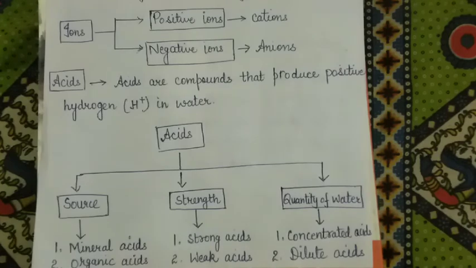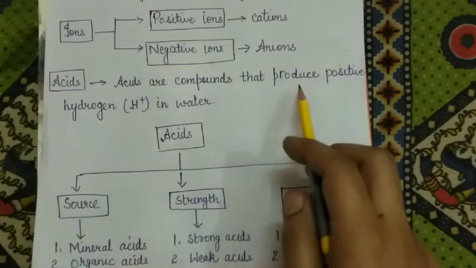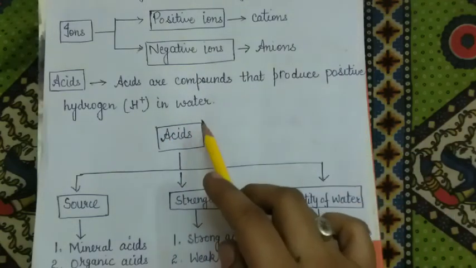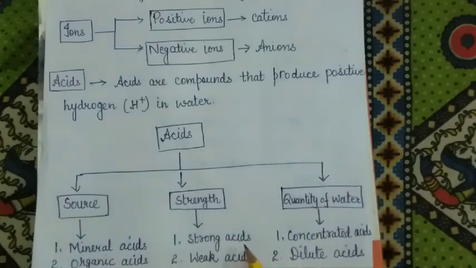Next, we can classify the acids on the basis of their strength. As I have told you earlier, acids are compounds that produce positive hydrogen ions in water. Strong acids are those acids that produce a large amount of hydrogen ions in water, like hydrochloric acid, sulfuric acid, nitric acid.